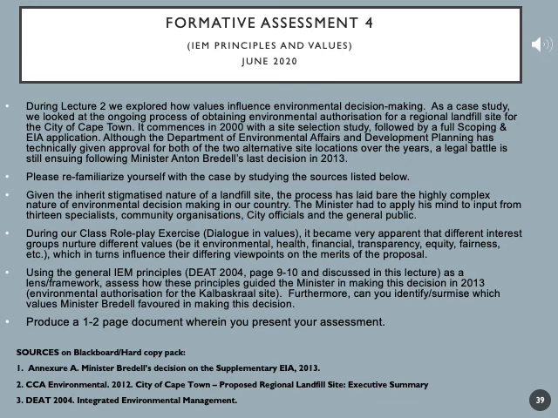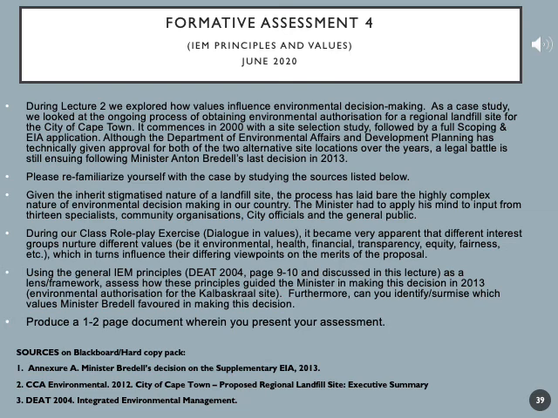And during that, it became very apparent that different interest groups nurture different values, be it environmental values, health, financial, transparency, equity, fairness, etc., which in turn influence their differing viewpoints on the merits of a proposal.